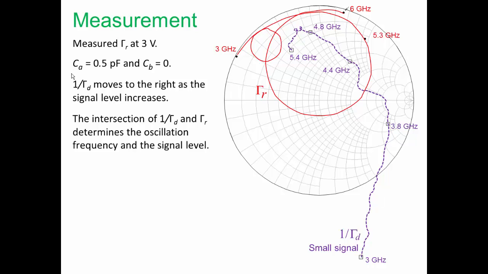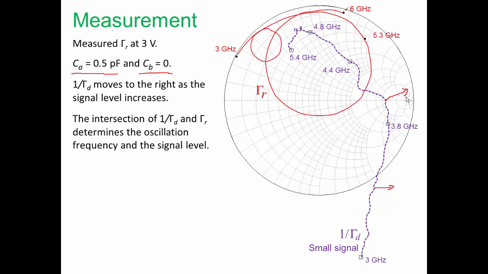These measurements were made with Ca equal to 0.5 picofarads and Cb equal to 0. Now, as the signal level increases, this 1 over gamma D curve moves to the right. And that is what we're trying to achieve in our simulation as well.